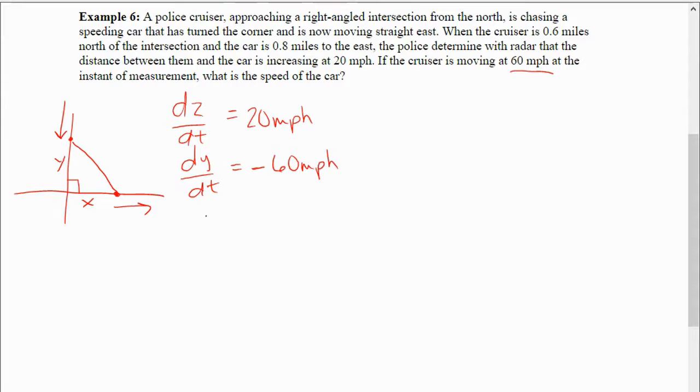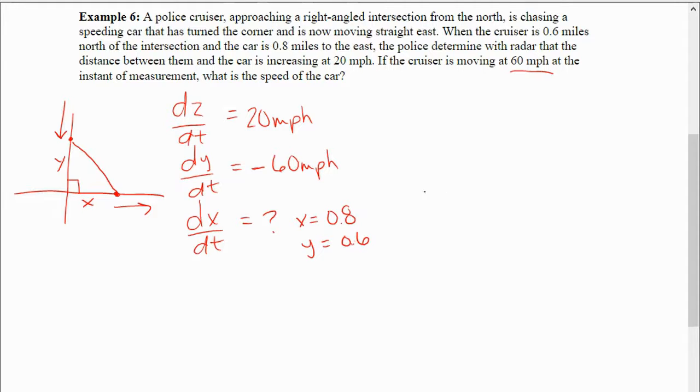What is the speed of the car? So that's going to be dx/dt. And that's what we want to know. And we want to know what it is specifically when our x is equal to 0.8 and when our y is equal to 0.6.